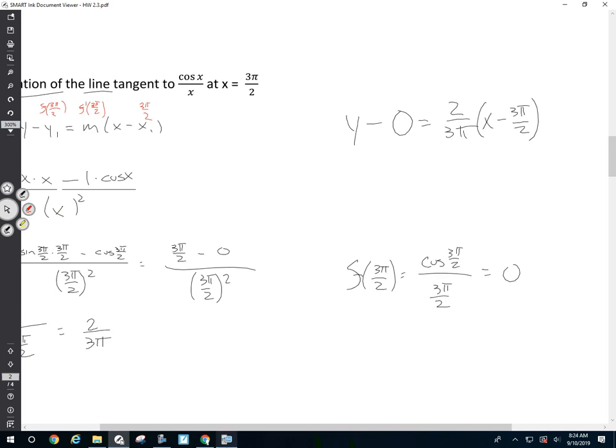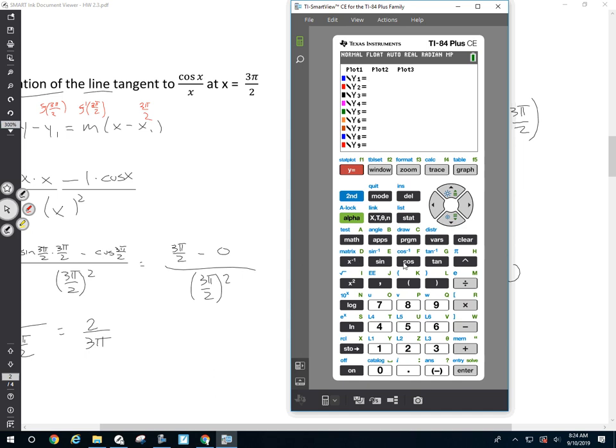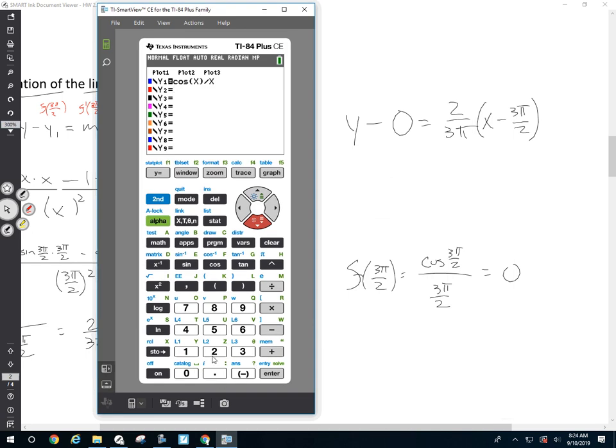To make myself feel better, I'm going to graph cos x over x and my tangent equation, 2 over, in parentheses, 3 pi, so that we're dividing by 3 pi, times x minus 3 pi over 2. There's cos x over x right there.